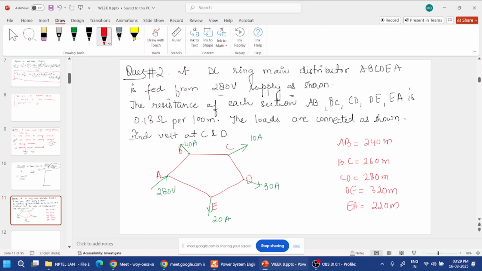So we have to calculate the voltages at C and D.